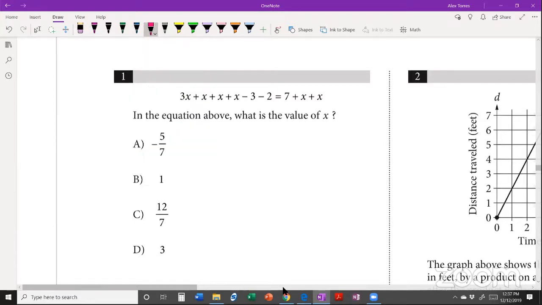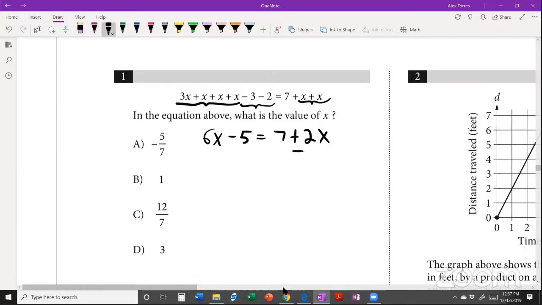Gotta have my colors just right, everybody. Okay, so here we're just solving for x, so we'll combine like terms. Right here we've got 1, 2, 3 x's plus 3 more, so we've got 6 x's. Here we've got -3 and -2, so -5. Combining these like terms, you've got 2 x's, so you've got 7 plus 2x.